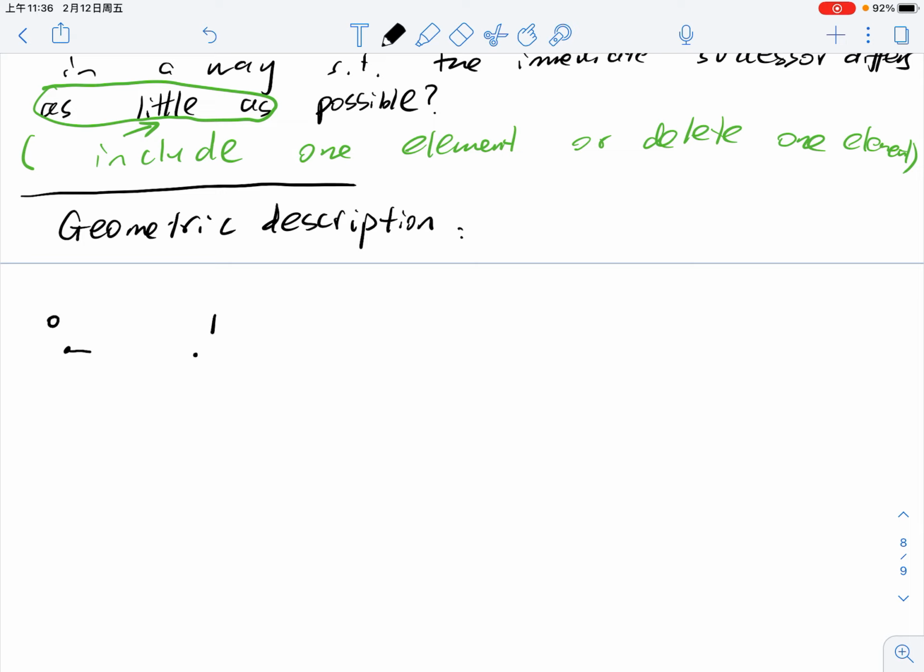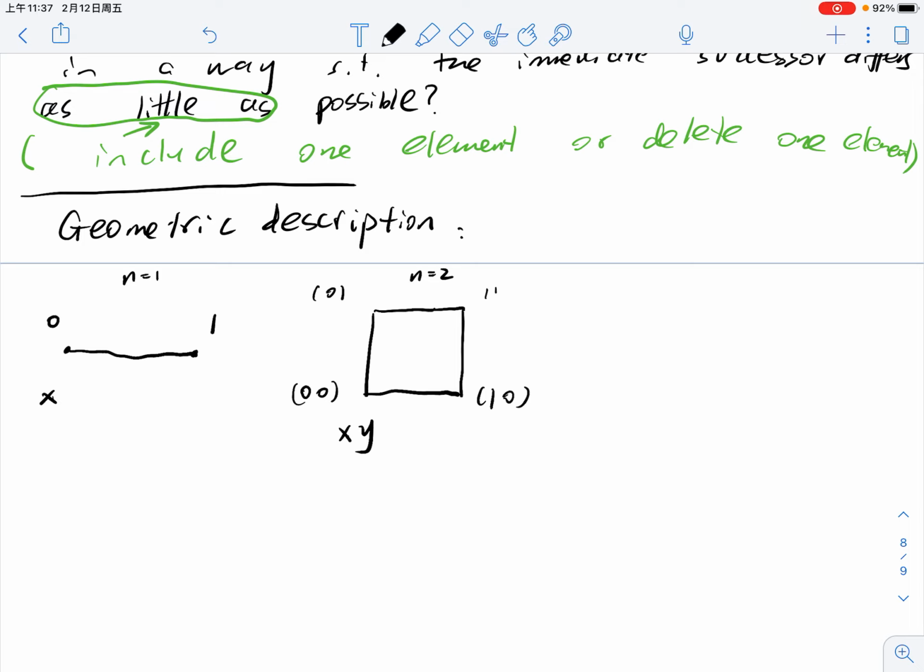We connect them because they differ by only one element. You can also view this as a unit interval on the x-axis. And next, for n equals 2, you expect 4 subsets. You can visualize it in the xy plane as a unit square with coordinates 0, 0; 1, 0; 0, 1; and 1, 1.